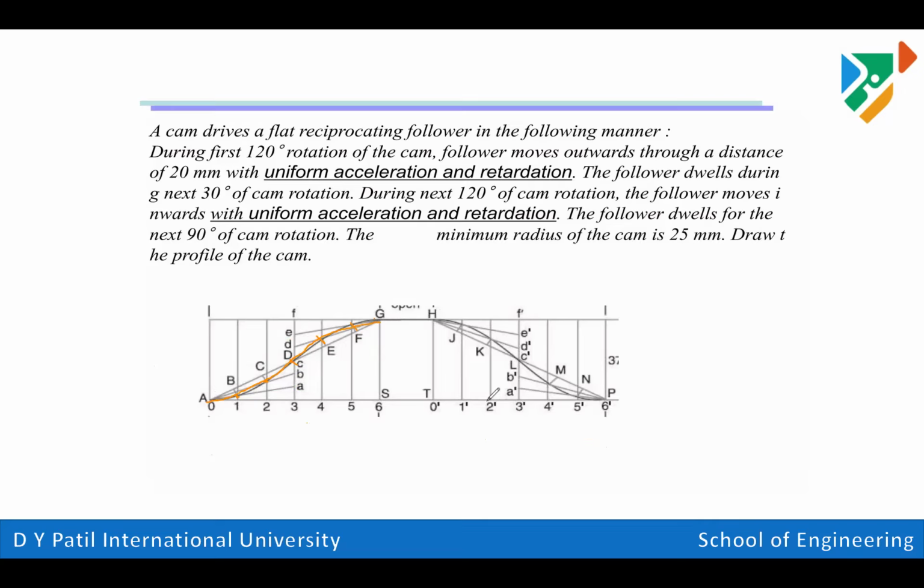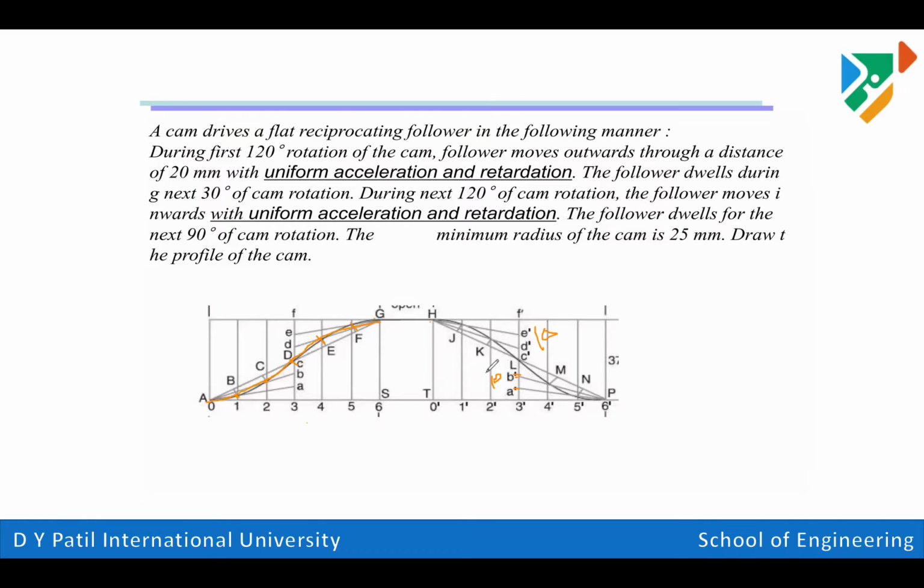Similarly, towards the right side, again this line has 6 divisional points. This part is 6 centimeters. We can take line number 3 dash as a reference line. This distance is again 10 mm, and the lower distance is again 10 mm. Divide each part into 3 equal divisions, 3 mm each. Connect the upper divisional points to the upper corner, and the lower divisional points to the lower corner.